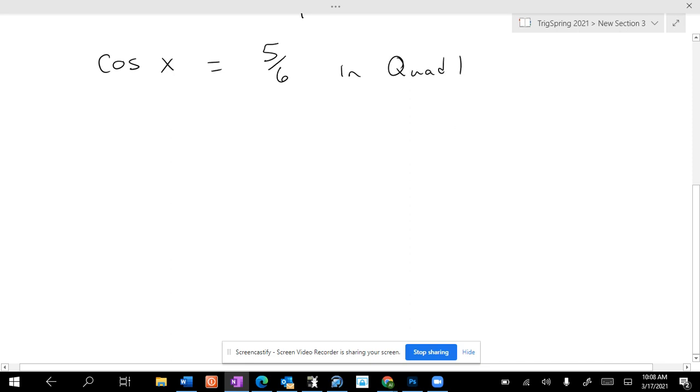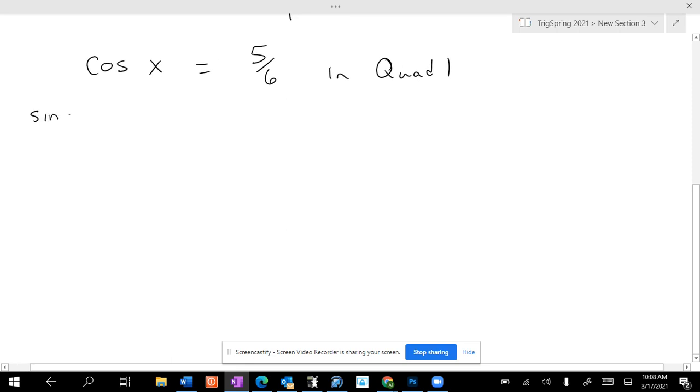I want to find the other 5 trig functions using trig identities. Now, every trig function has a reciprocal, so the easiest one to find is its reciprocal function. We already have cosine, so we can skip over that. Sine, tangent, cosecant.